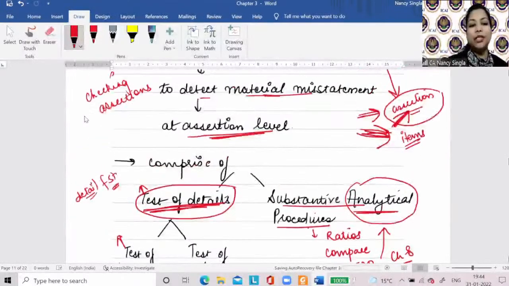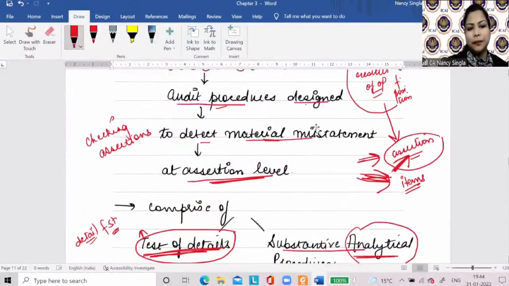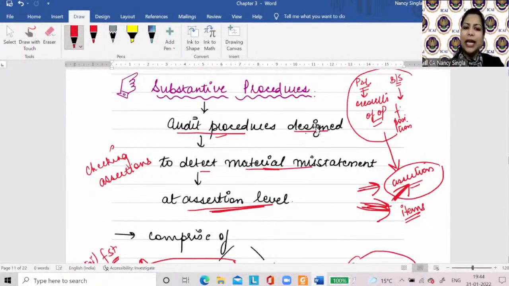What are substantive procedures? These are the audit procedures designed to detect material misstatement at the assertion level. In these procedures, the auditor may either perform test of details, that is, checking everything in detail, or perform substantive analytical procedures, that is ratio analysis, or a combination of both.